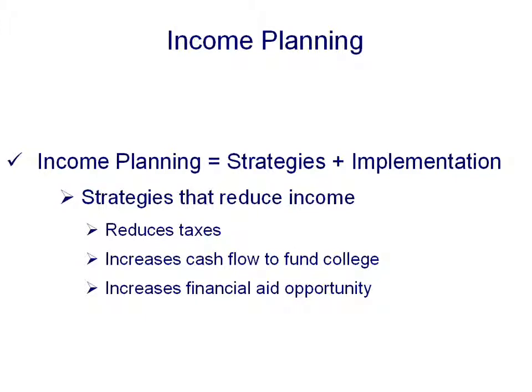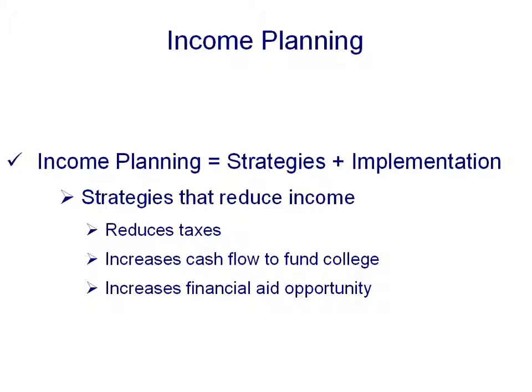And over the last few days, I think Rick Darvis has pretty well demonstrated there are several ways that you can use income planning to create cash flow for college. However, the income planning strategies he showed you won't work without implementation.